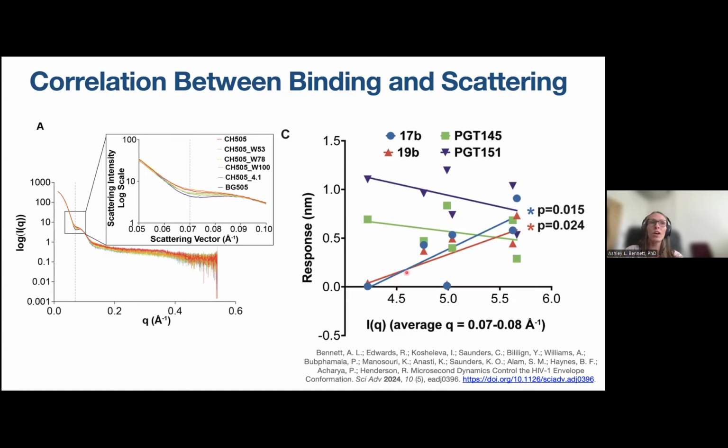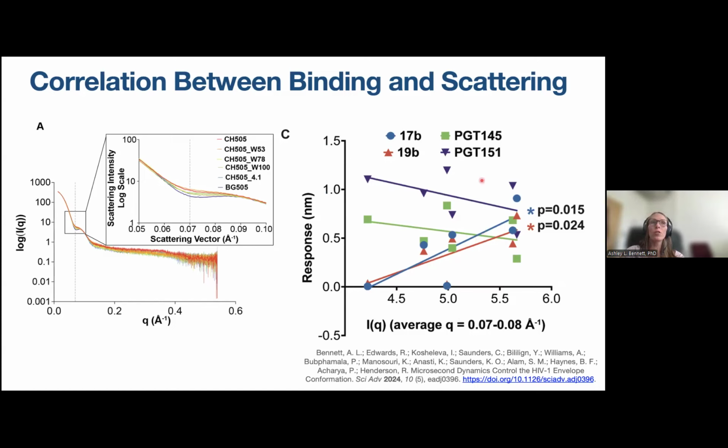And you can see that the correlation here is pretty tight. It's pretty strong for these two binding antibodies. So this is indicating to us that this is not a phenomenon that's specific to any one variant or construct of the envelope, that it is a general feature that we can pick up and measure with SAXS.